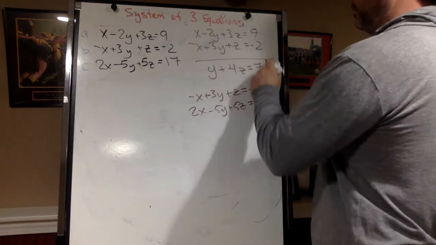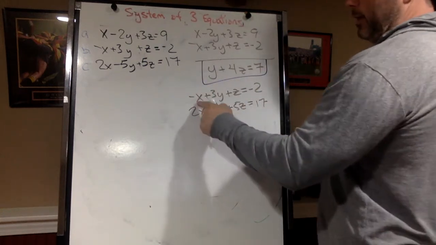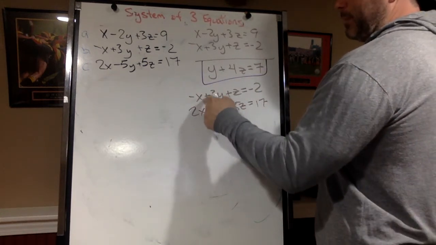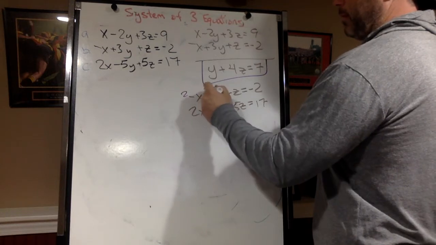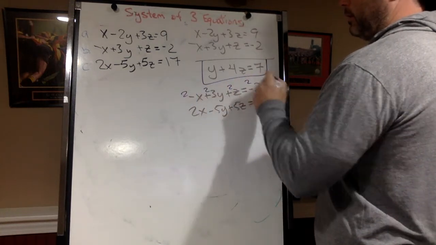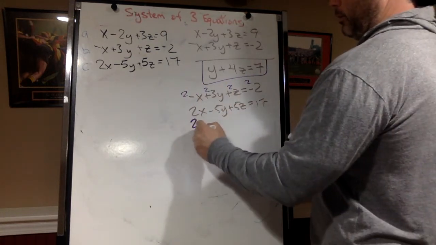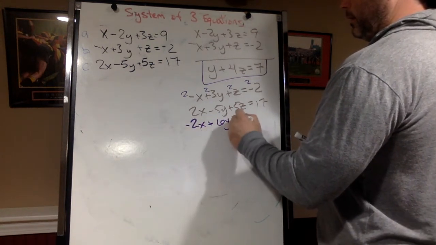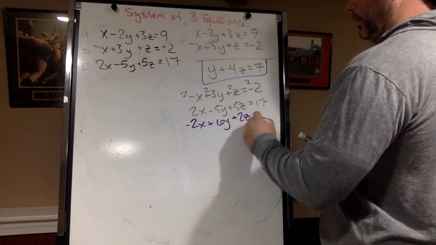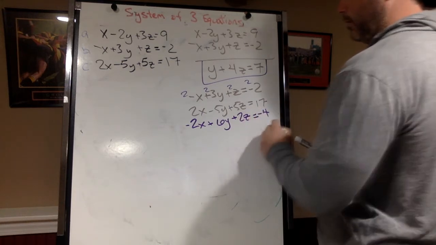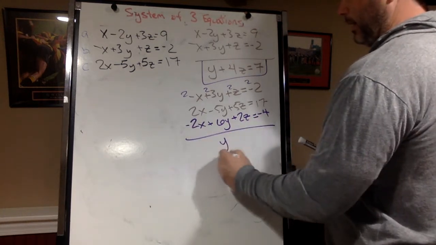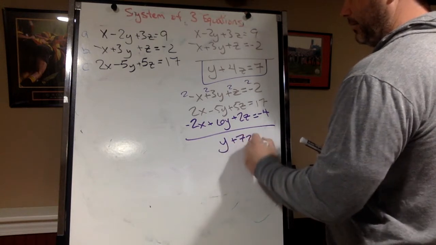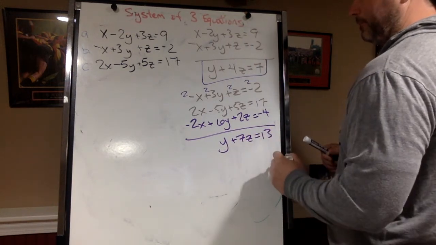All right. And I should separate this. We did that one first. Now, almost ready to cancel, except I need that to be a negative 2. So let's multiply everything in this equation by 2. And I'll rewrite it here. That gives me negative 2x plus 6y plus 2z equals negative 4. Now we can combine those, and I get y plus 7z equals 13.